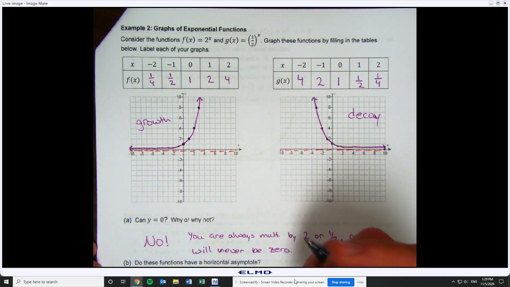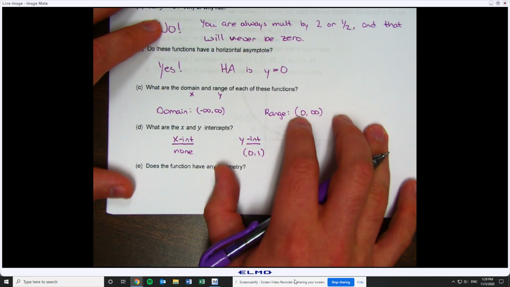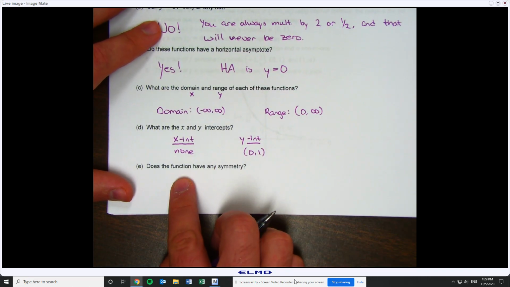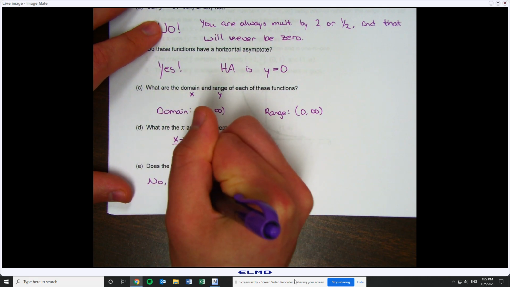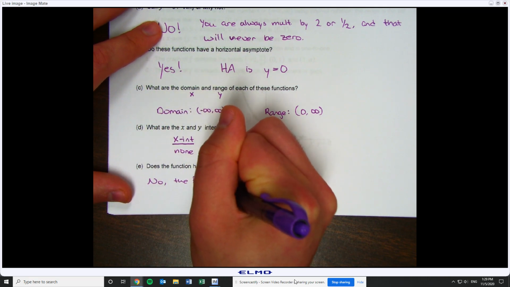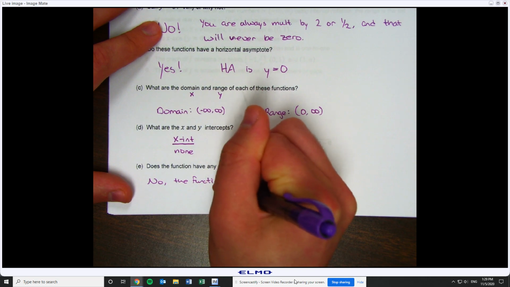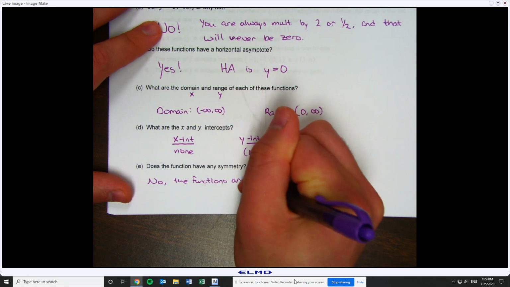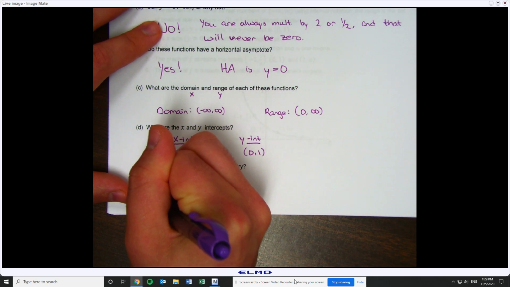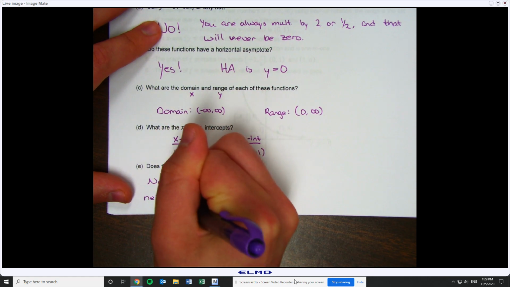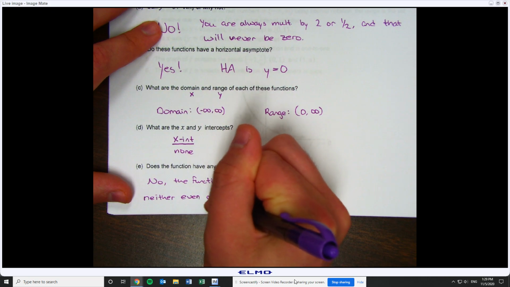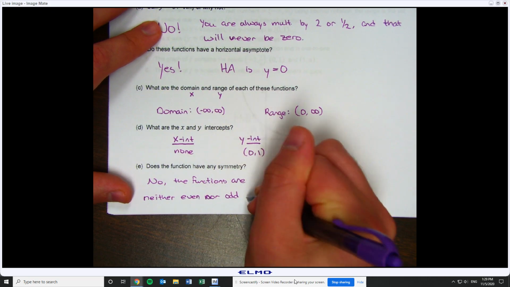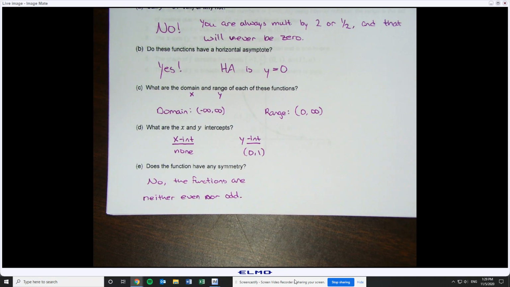So there is no symmetry with the origin. So right here, the function is neither even nor odd. So there is no symmetry.